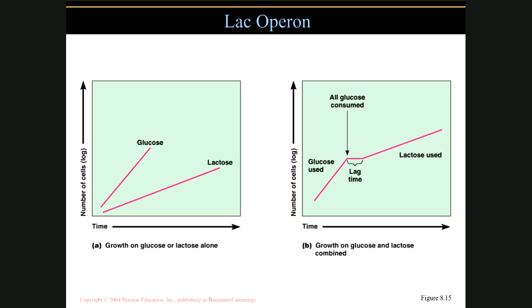What's happening during lag phase? All right, so they're growing great until they use up all the glucose. And then they enter into lag phase and stop dividing for a short period of time. So what are they doing? So what happens during lag phase?